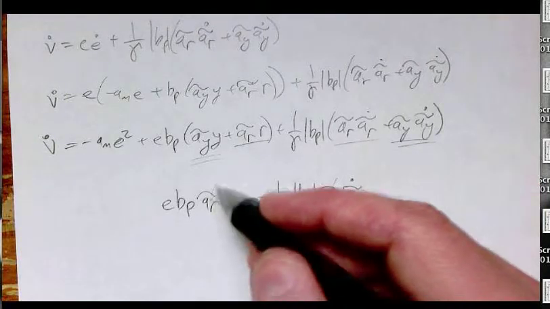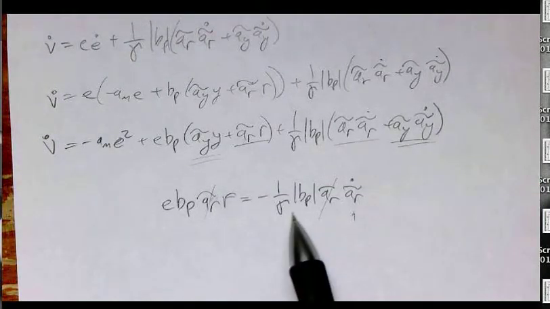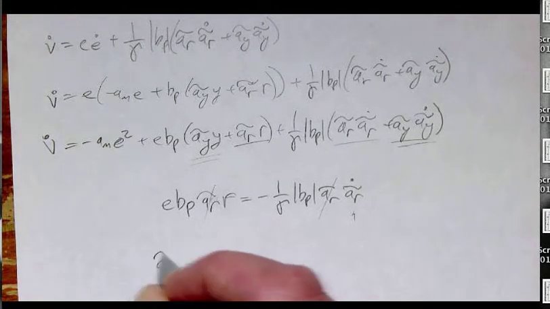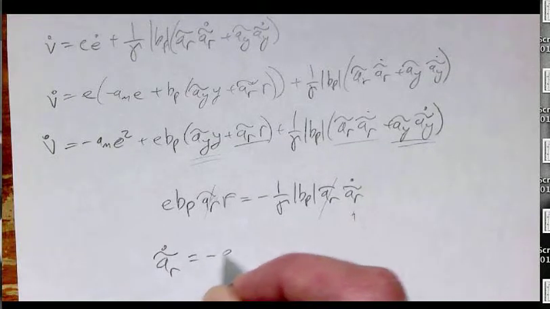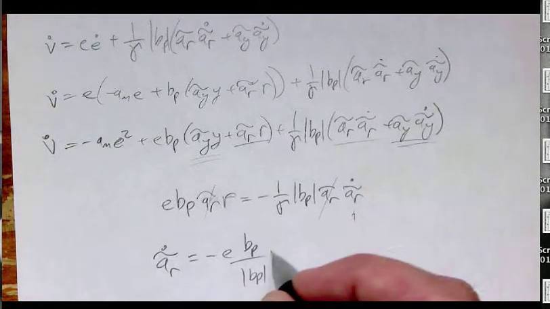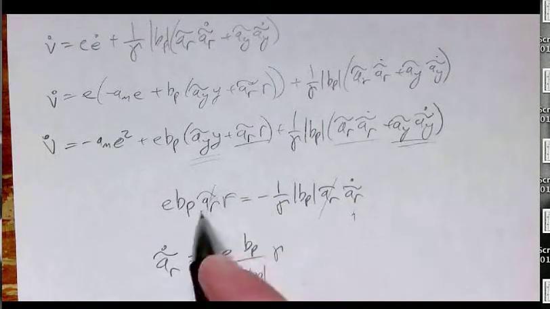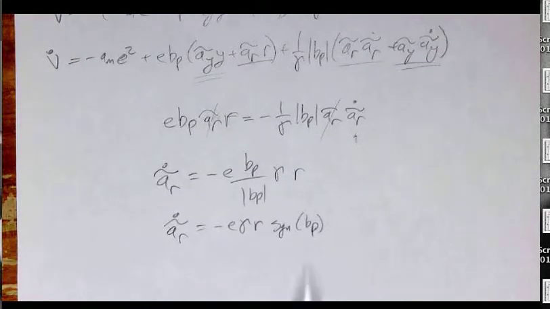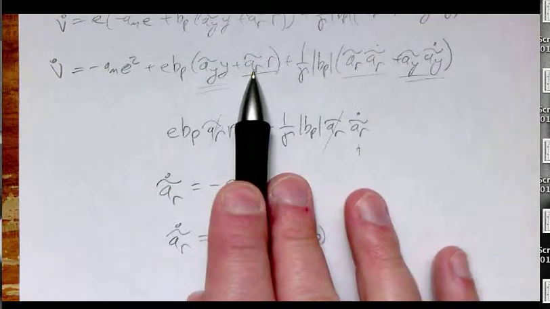Obviously an AR tilde divides on both sides there, multiply through by gamma, divide through by magnitude BP. And what we're saying is that in order to make this work, we would have a negative E BP divided by the magnitude of BP times gamma times R. So BP divided by its magnitude is just the sign. If we could do that, then this term would cancel that term exactly.